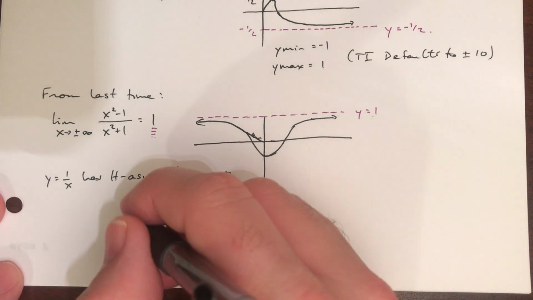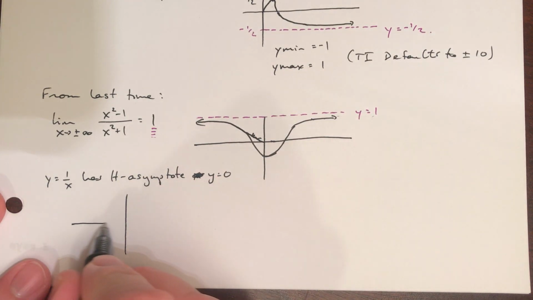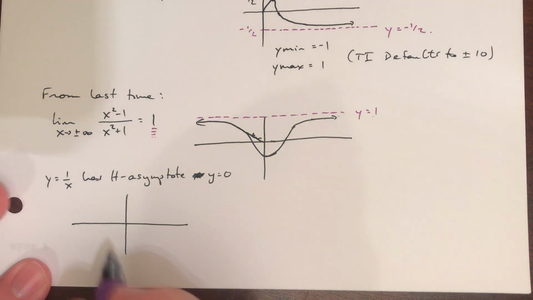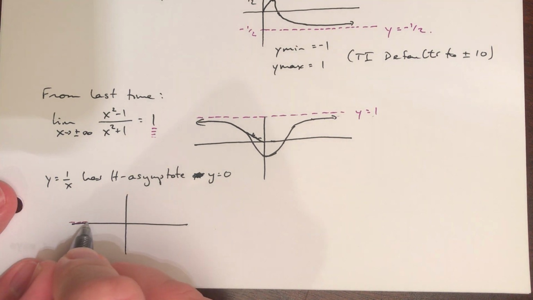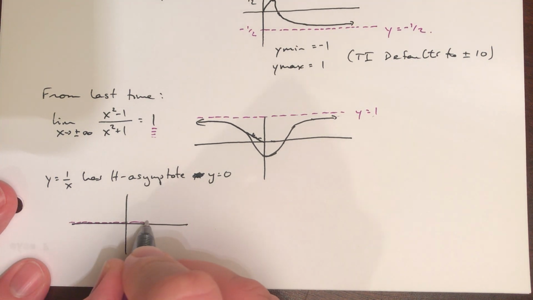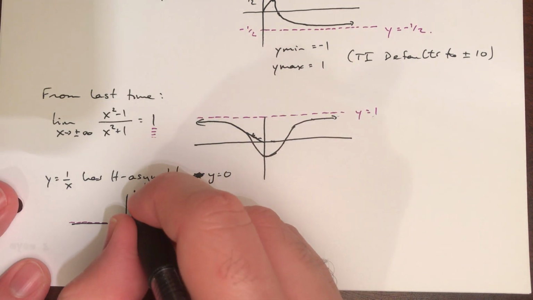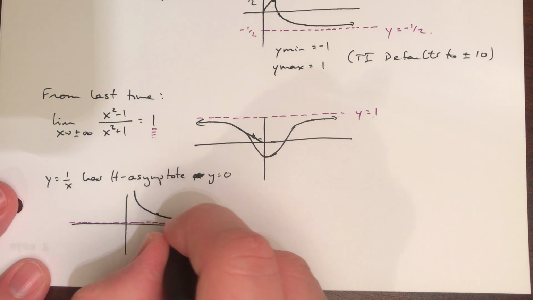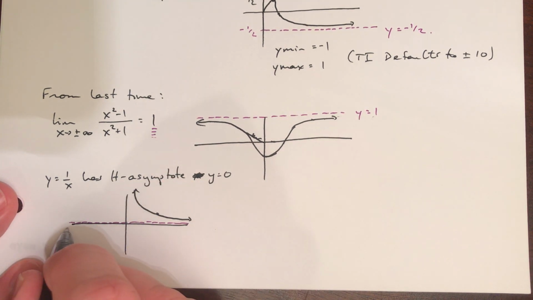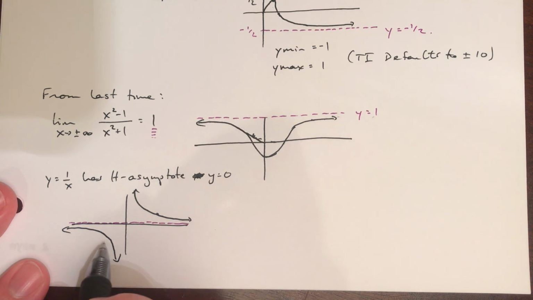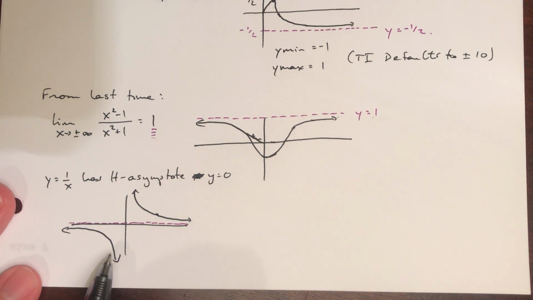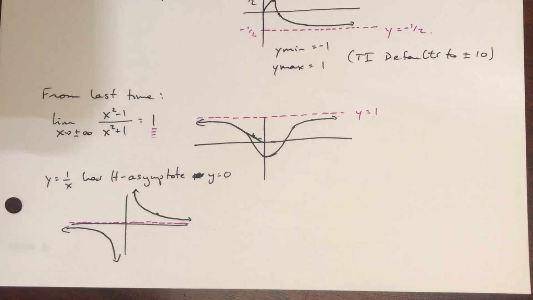And we know what the graph of y equals 1 over x looks like. So horizontal asymptote right there at the x-axis, and the graph is going to get closer and closer to that, either from above or below, depending on which direction we go.